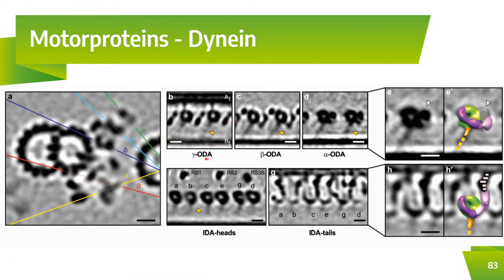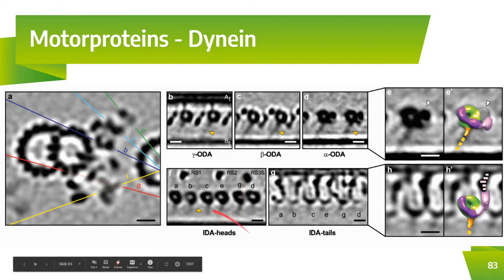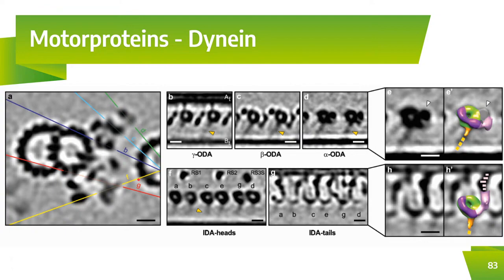One are called ODA, outer dynein, maybe assembly. I forgot. And IDA is inner, right? So you have an inner row of these dynein molecules and an outer row. So they all try to line them up with a picture so they can kind of fit the molecule and then make sense of it all.